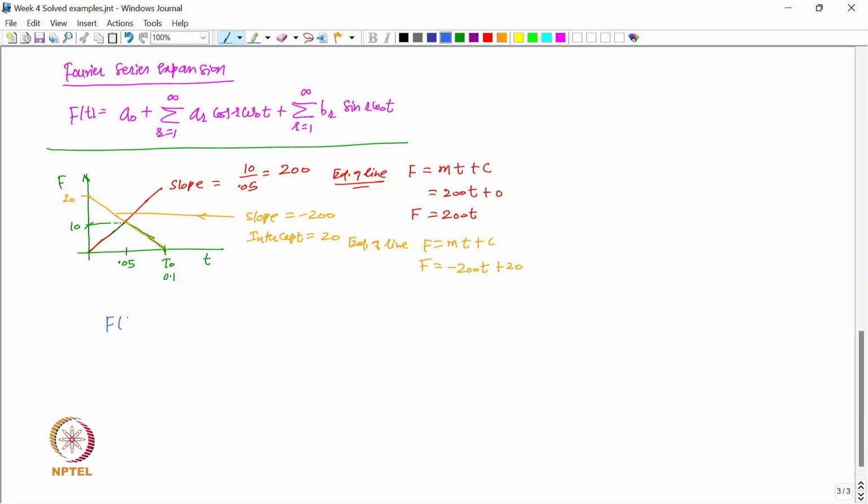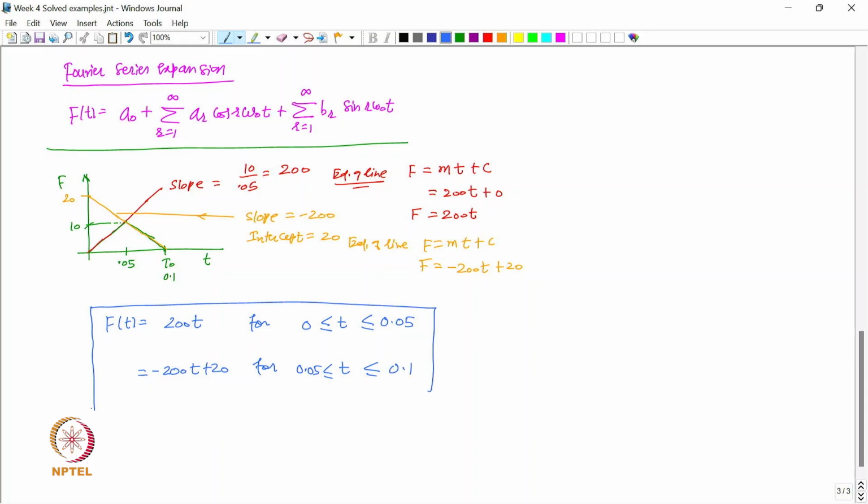So we can say that f of t is equal to 200 t, right, for t greater than or equal to 0 and less than or equal to 0.05, and it is equal to minus 200 t plus 20, right, for t more than or equal to 0.05 and less than or equal to 0.1. So this essentially constitutes the definition of the forcing function, right.